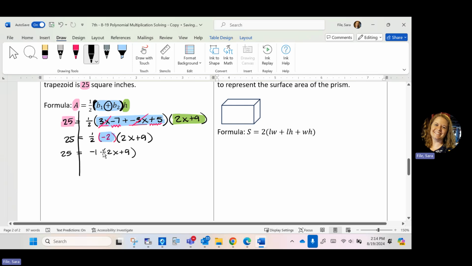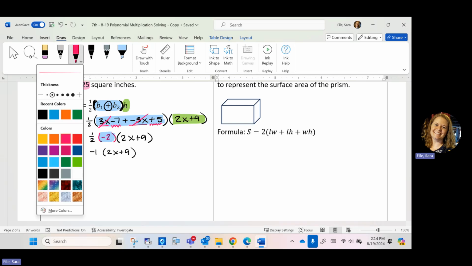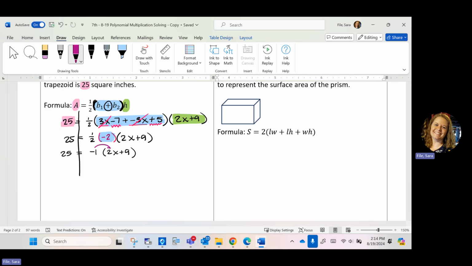When it's up against a parenthesis like that, that means multiply, right? What's the opposite? So I could just divide it over to the other side to move it. Okay, either way, at the end, we're going to end up with the same thing. I think the majority of y'all would think to do the distribution here, and that's fine. We'll do it that way. So that's going to be negative 2x minus 9.